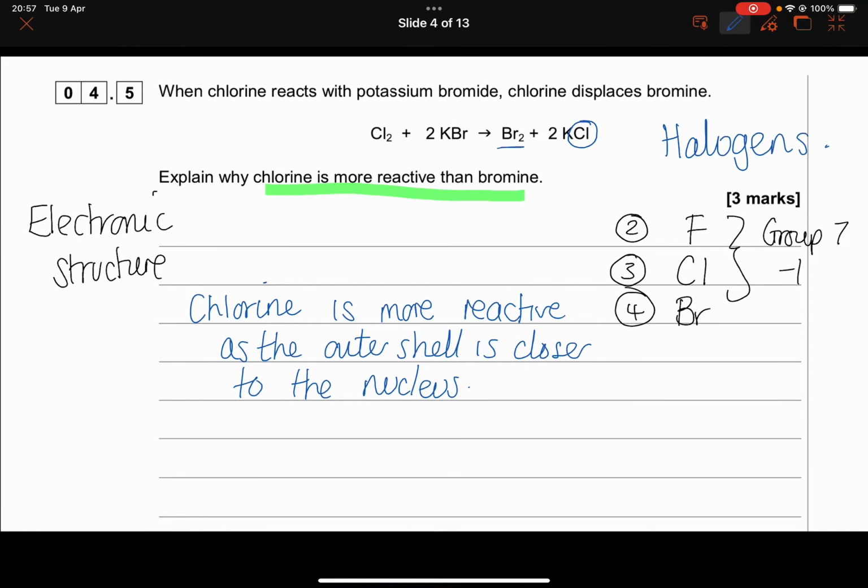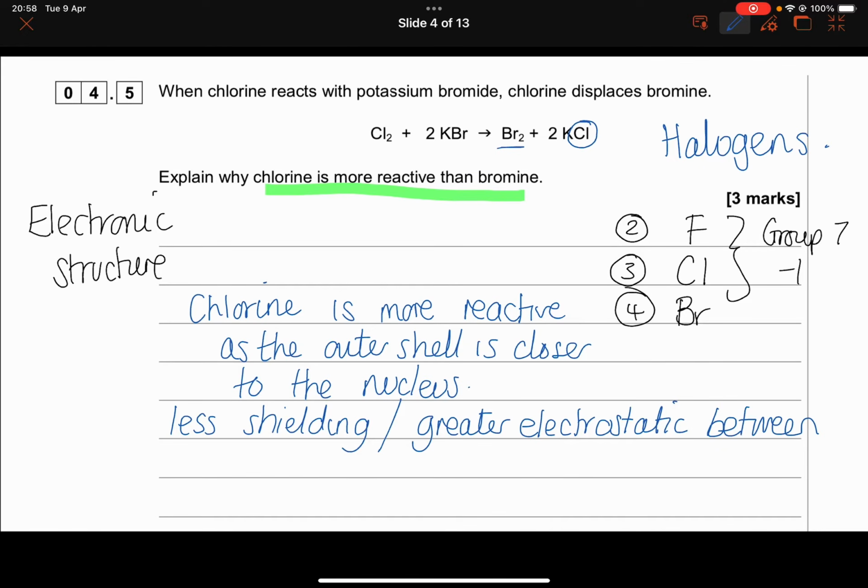Now, the fact that chlorine's outer shell is closer to the nucleus means that there is less shielding. If you're not familiar with the term shielding, it means that there are fewer shells in between the nucleus and the outer shell. Or you could also phrase it as there is a greater electrostatic attraction between the nucleus and the outer shell.